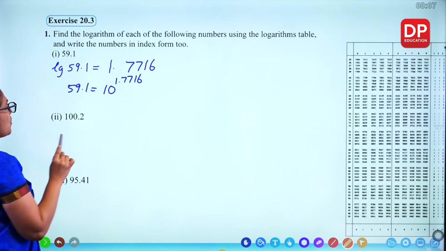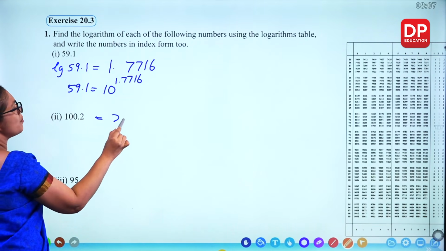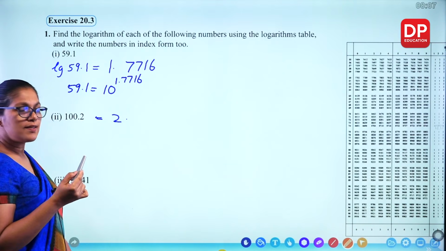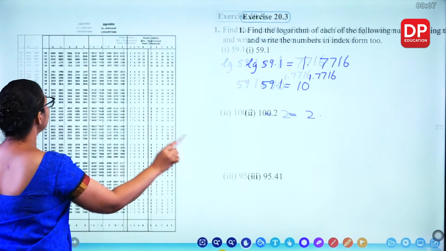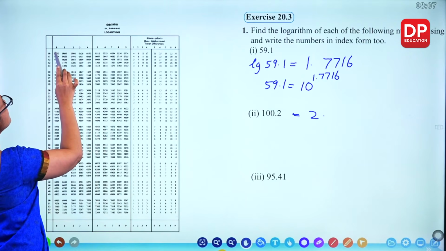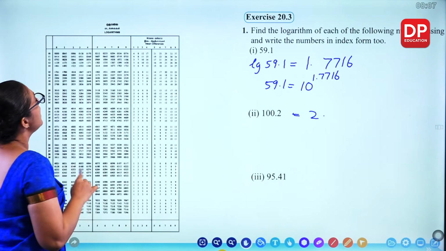Then you can write 59.1 is 10 to the power 1.7716. This one, what's the characteristic? 1, 2. 2 point something. 1002 from the first table. 1002, 2 is 8.